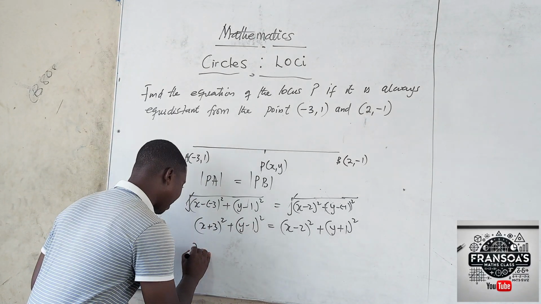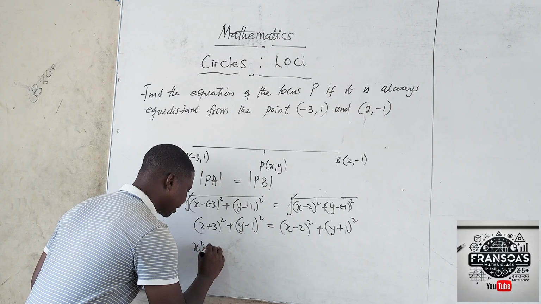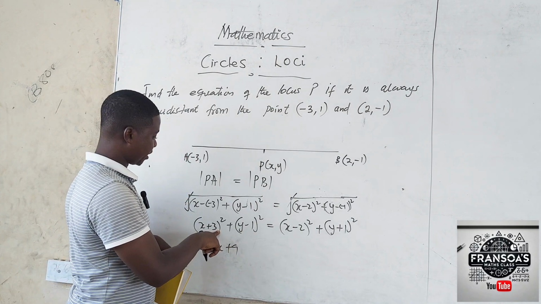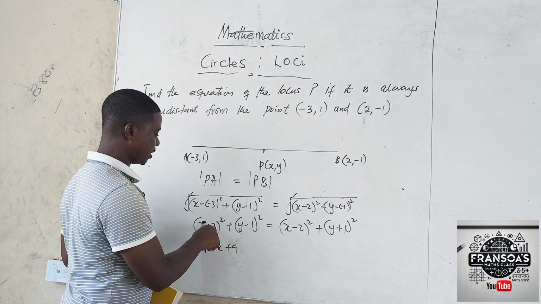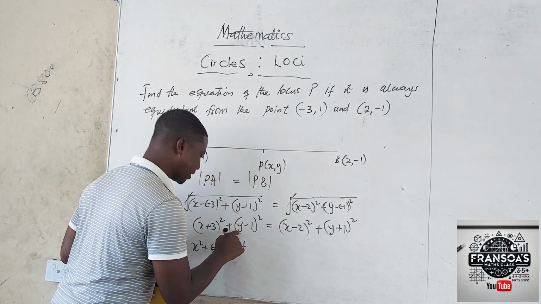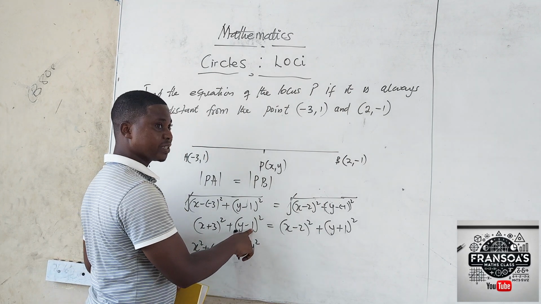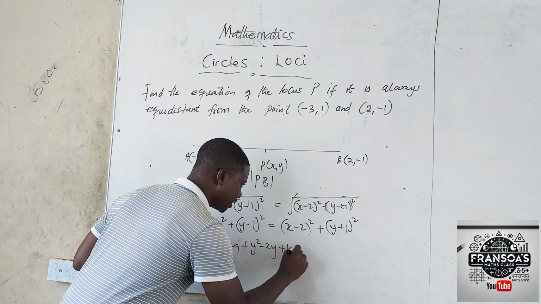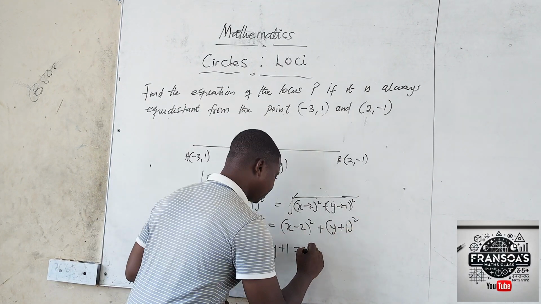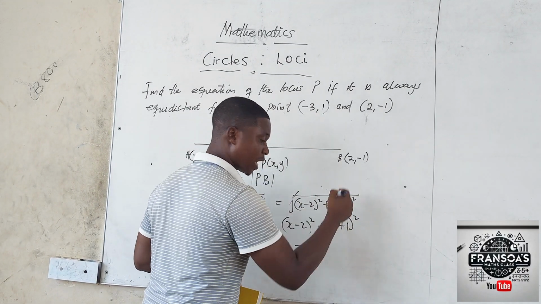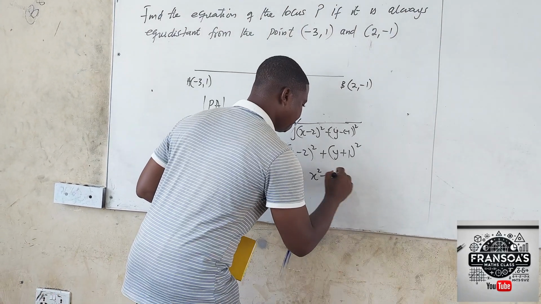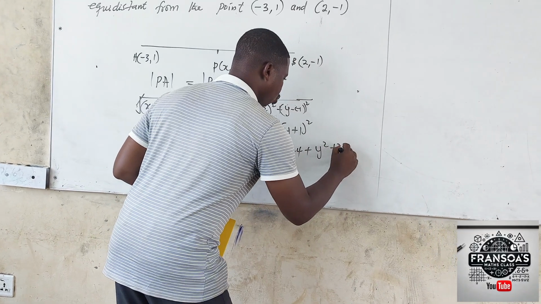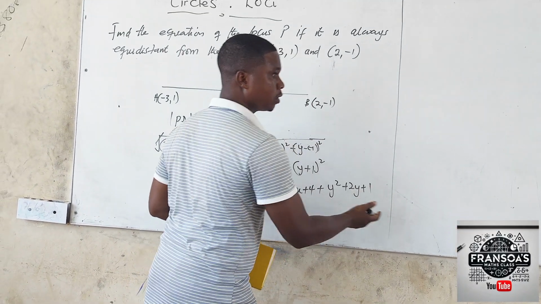In expanding, this becomes x squared plus 6x plus 9, because 3x times 2 gives you 6x and 3 squared is 9, plus y squared minus 2y plus 1, is equal to x squared minus 4x plus 4 plus y squared plus 2y plus 1.